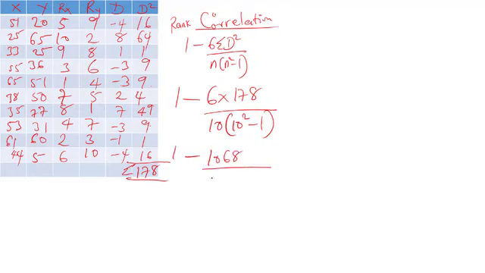Over 10 times 10 squared minus 1, which is 99, giving 990. So this equals 1 minus 1068 over 990.